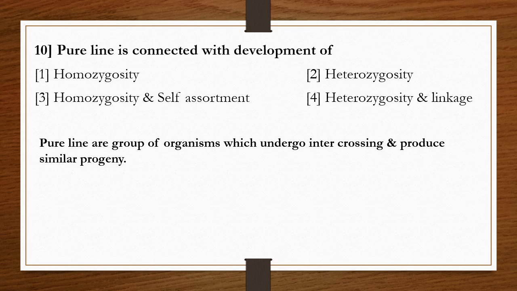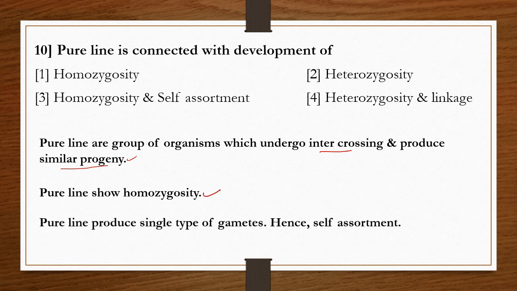Pure lines are groups of organisms which undergo interbreeding and produce similar progeny offspring. This pure line shows homozygosity.